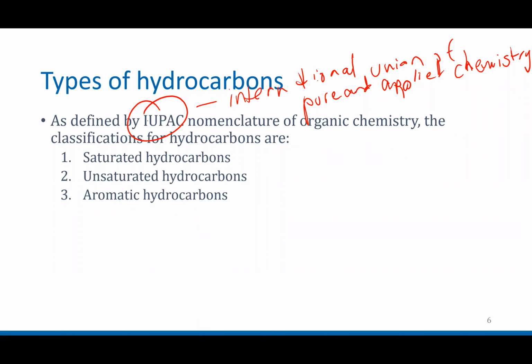We have saturated, unsaturated, and aromatic. And aromatic, I'll talk about this in a minute, but just remember this chemical is what we would call a benzene ring, or a ring, an aromatic structure.